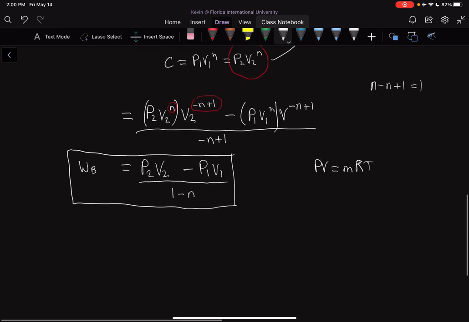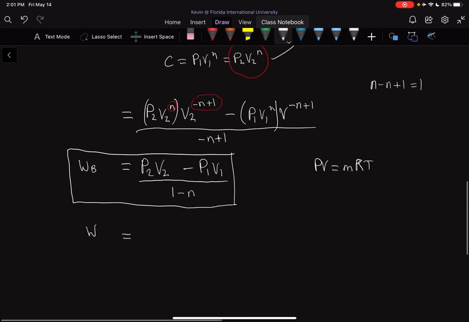And that means that we can actually do something clever here. We can also say that work boundary, so I'm going to write for ideal gas, because this is only for ideal gas. Okay, we have work boundary. We can substitute mRT into our system.